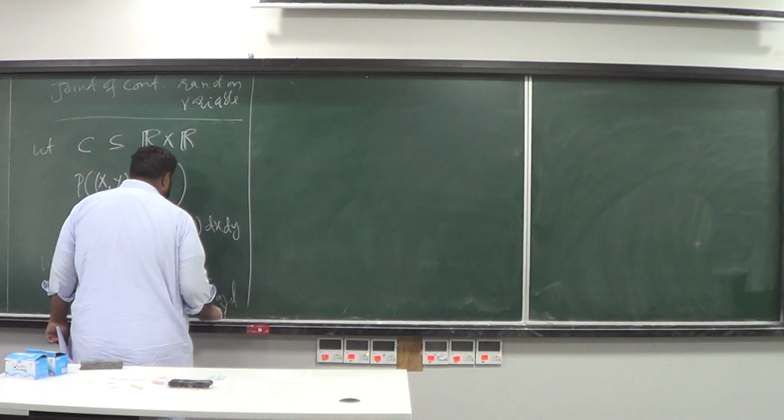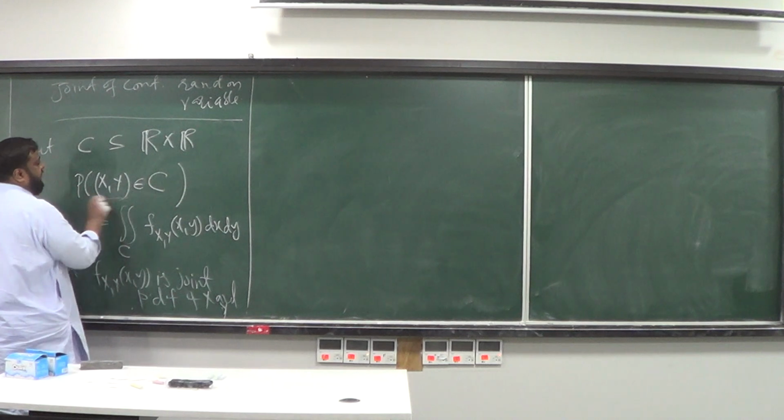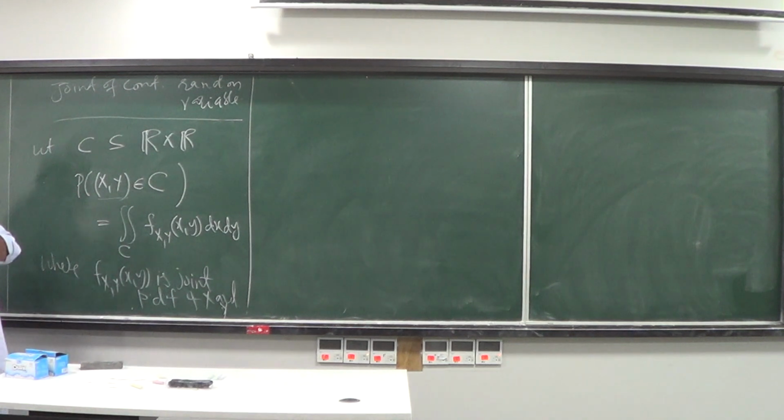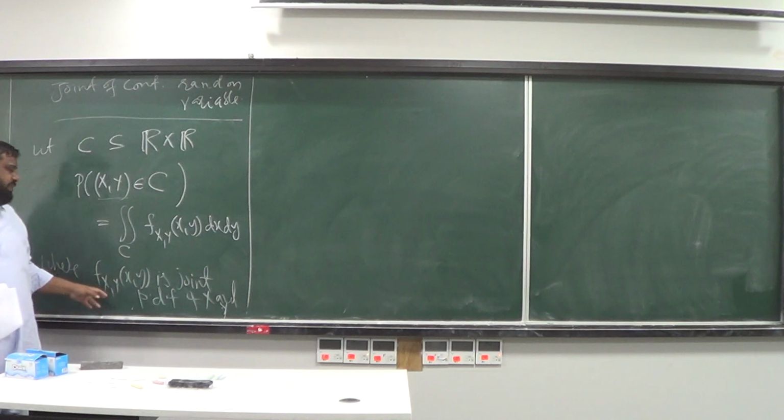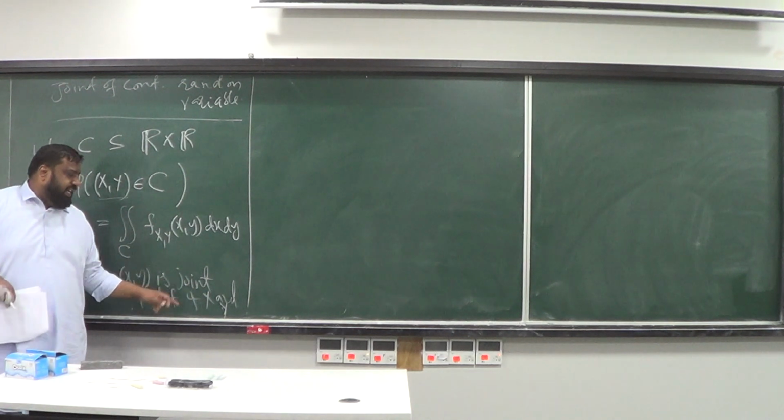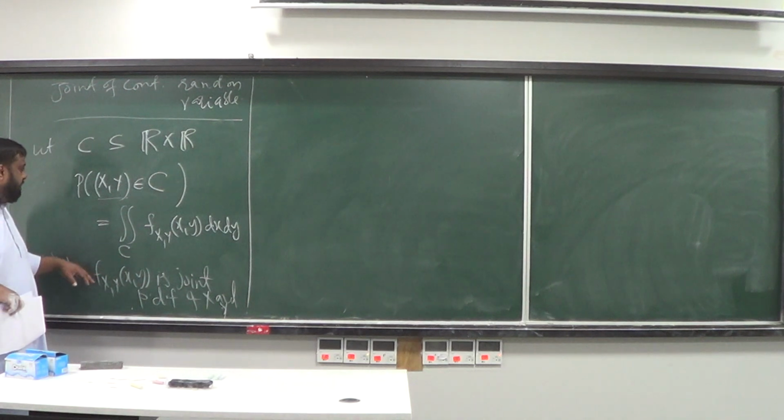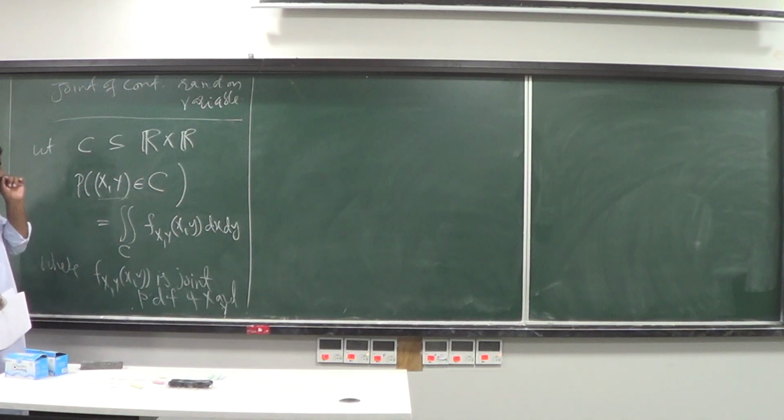You can also call it the PDF of the vector (x, y). Saying this is the joint PDF of x and y is the same as saying it is the PDF of the vector (x, y).